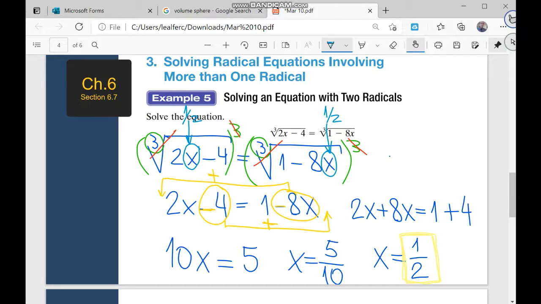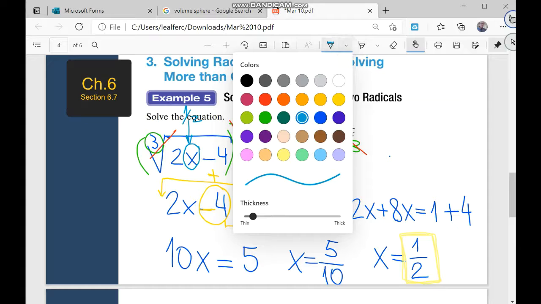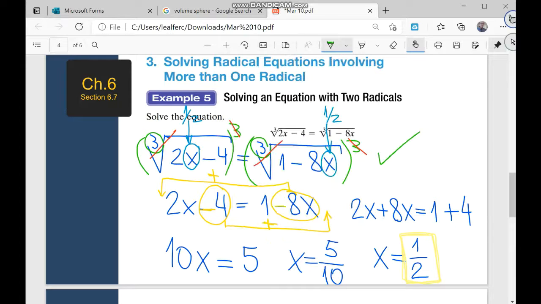Cube root of 2 times 1 over 2 is 1, 1 minus 4 is negative 3, cube root of negative 3 equals cube root of 1 minus 8 times 1 over 2, which is 4, 1 minus 4 is negative 3, cube root of negative 3. Cube root of negative 3 equals cube root of negative 3. Yes, this is correct. This is a right solution for the equation.